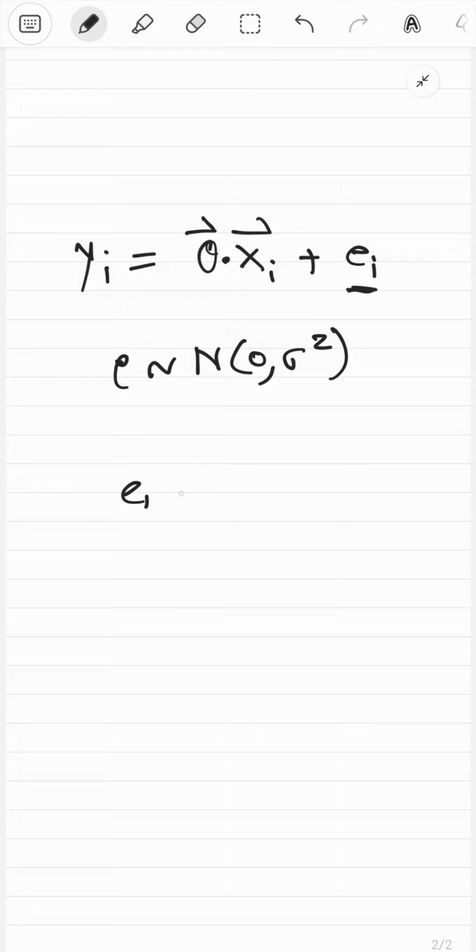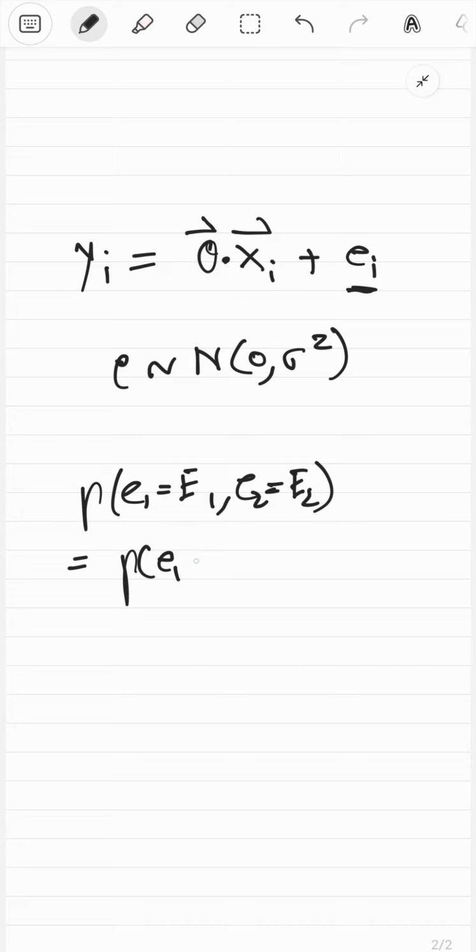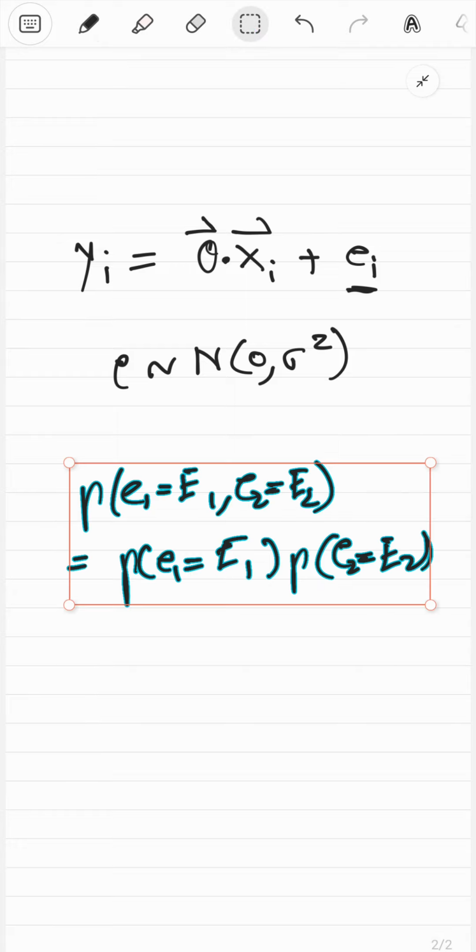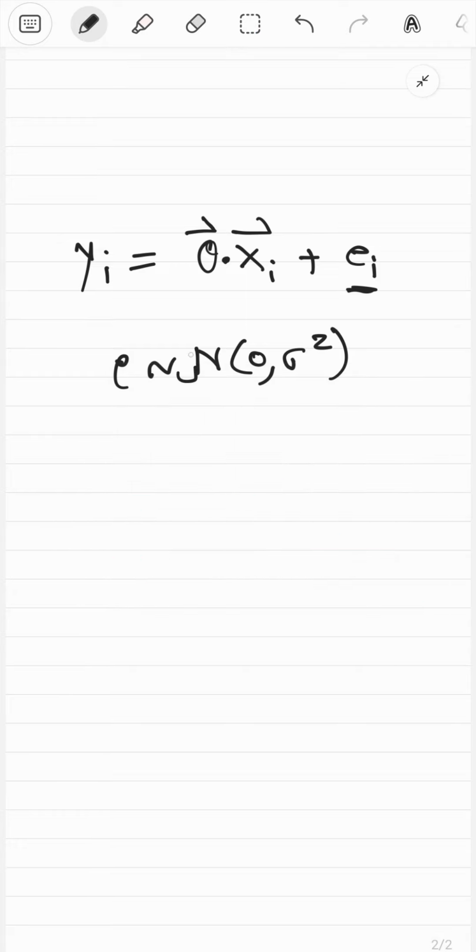So the probability that E1 equals some capital E1 and E2 equals capital E2 is exactly the probability that E1 equals capital E1 times the probability that E2 equals capital E2. That's saying these errors are independent of each other. There's a reason why we're dealing with the Gaussian distribution here, but just run along with that for now.